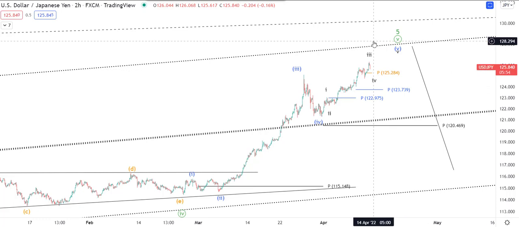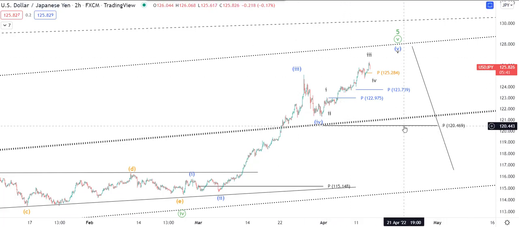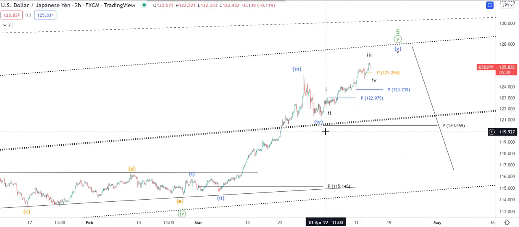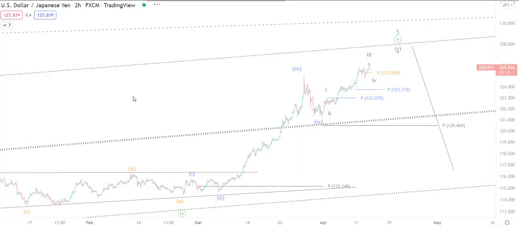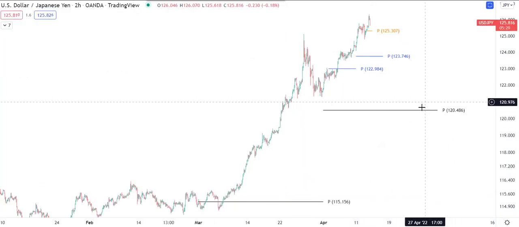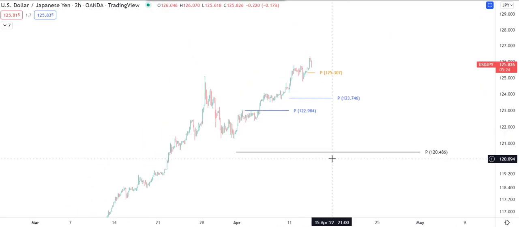But the next reversal will be substantial, at least a move back to this blue wave 4 target at 121, which will correspond with a monthly pivot for April, which has not been tested at all this month. Let's go on a clean chart without Elliott wave notations, and this is the pivot point structure on dollar yen.